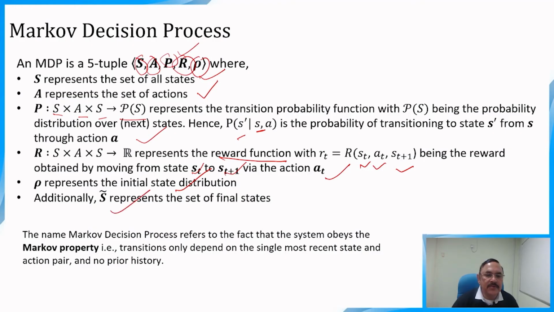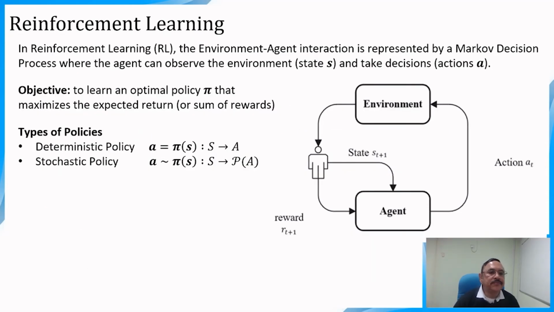Additionally, S prime represents the set of final states. So, the name Markov decision process refers to the fact that the system obeys the Markov property, that is, the transition only depends on the single most recent state and action pair and no prior history.